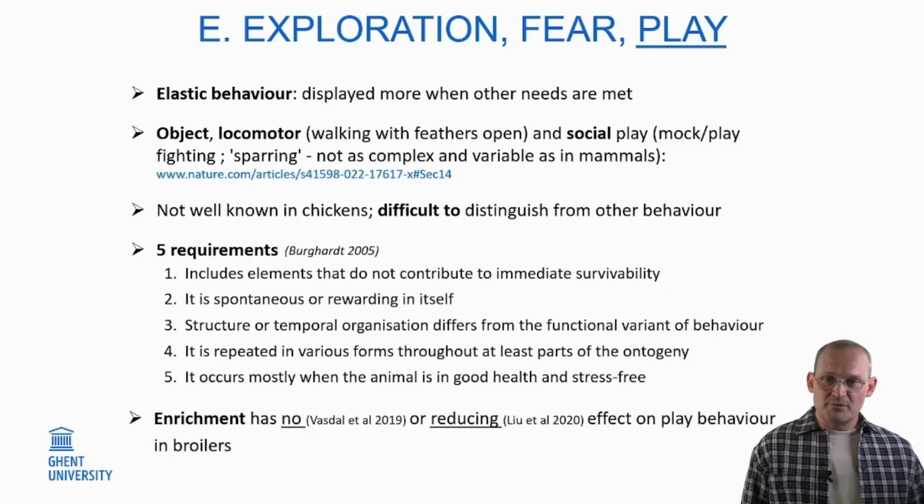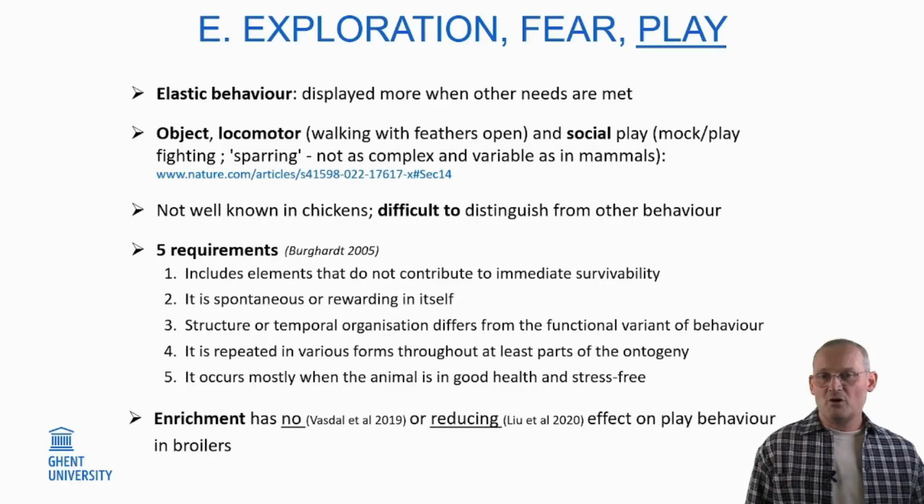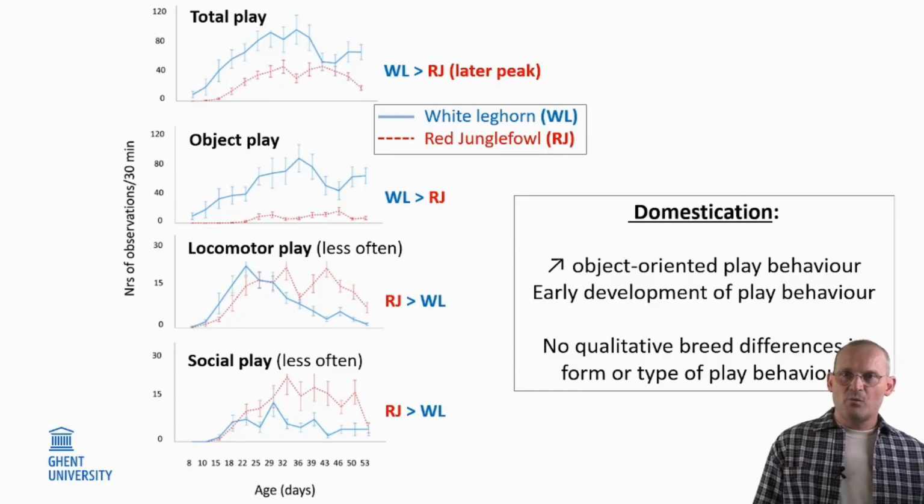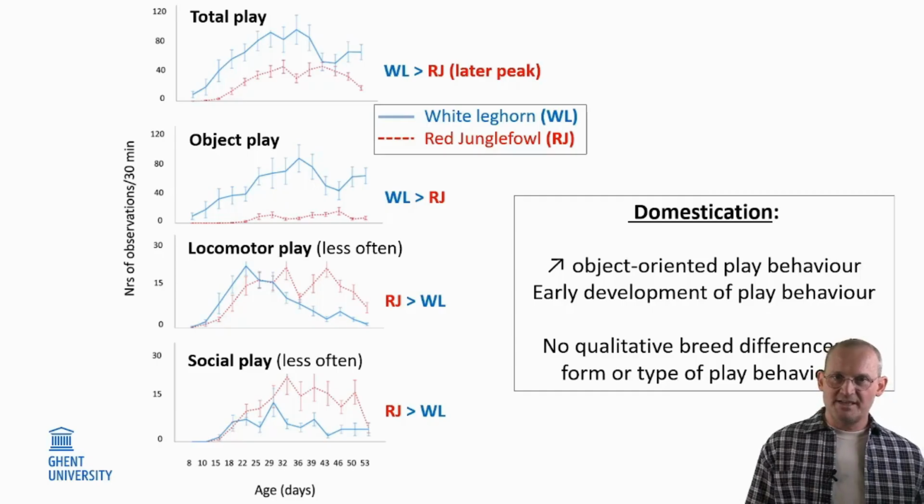Strangely, providing enrichment has either no or even a reducing effect on play behavior in broilers. There have also been interesting studies looking at the domesticated breed, the white leghorn, compared with the wild ancestor, the red jungle fowl, in play behavior.